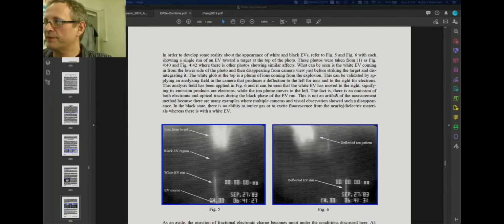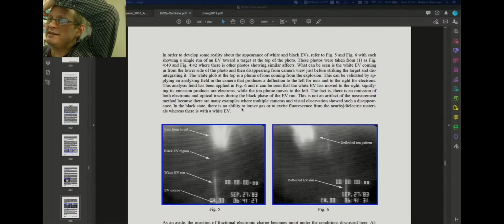The fact is, there is an omission of both electronic and optical traces during the black phase of the EV run. This is not an artifact of the measurement method, because there are many examples where multiple cameras and visual observations showed such disappearance in the black state.